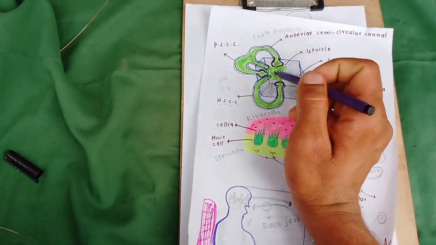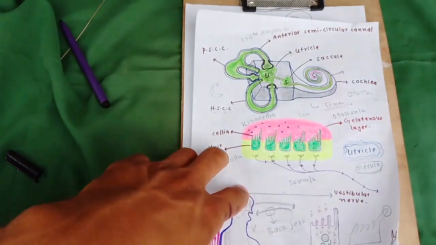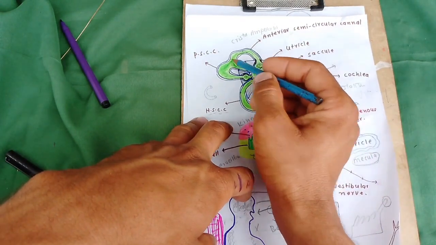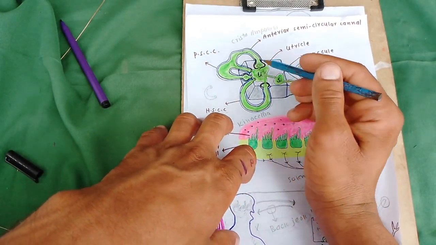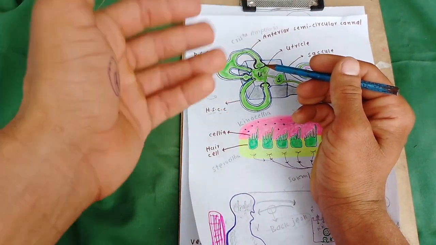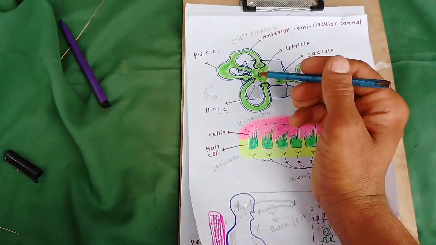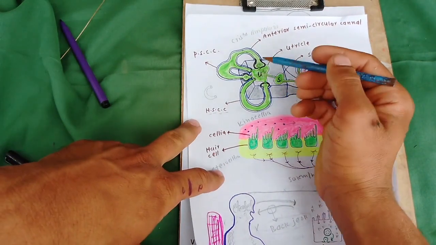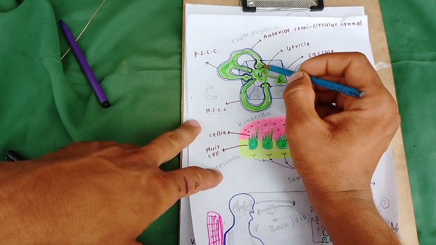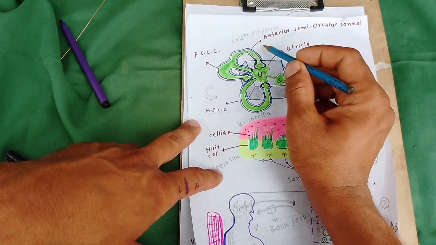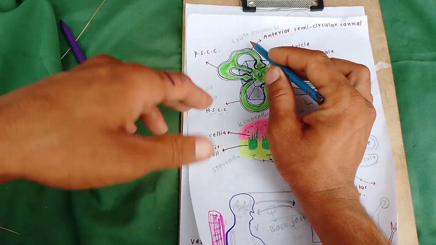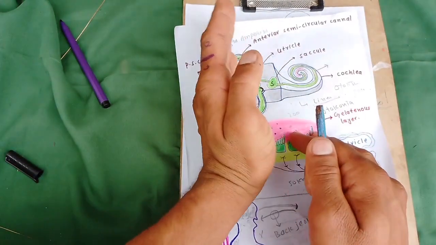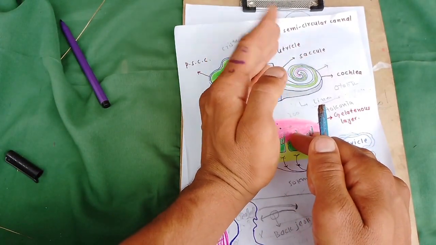It is called the anterior semicircular canal because it is present anteriorly, toward the eyes. The anterior semicircular canal brings the body to the normal posture. The anterior semicircular canal controls the equilibrium and posture of the body when moving the head back and forth, like yes, yes, yes.